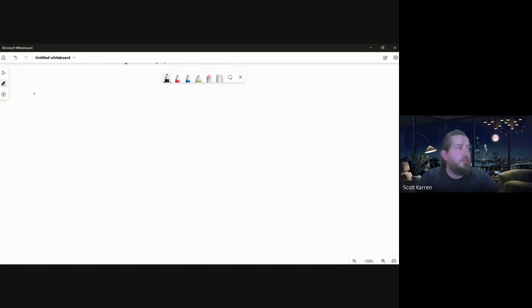Then 5.2 is exponential functions. So an exponential function looks like this.